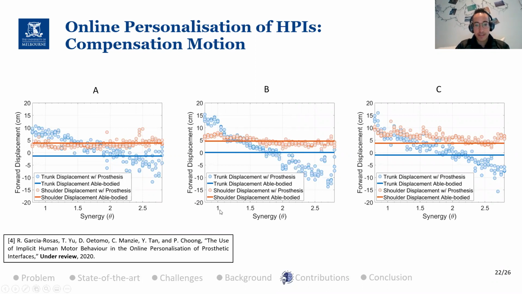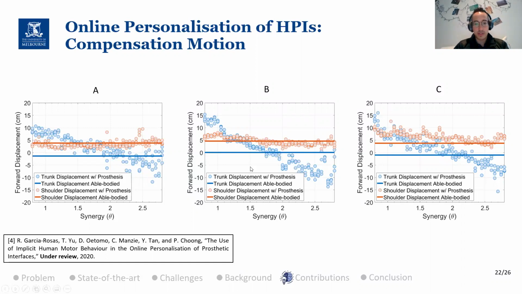We have the interface parameter on the x-axis and forward displacement on the y-axis. The blue one represents trunk displacement, leaning with the trunk forward, and the orangey one is shoulder displacement, rotating the shoulder forward.